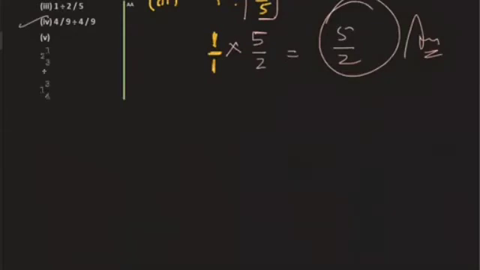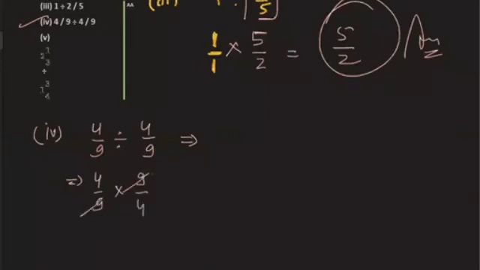Fourth part, 4 upon 9 divided by 9 upon 4. So write 4 upon 9 multiply 9 upon 4. Okay, 9 and 9 cancel, 4 and 4 cancel, you will get 1, 1, 1, 1. So 1 into 1 upon 1 into 1 is 1 upon 1, and 1 upon 1 is what? 1.